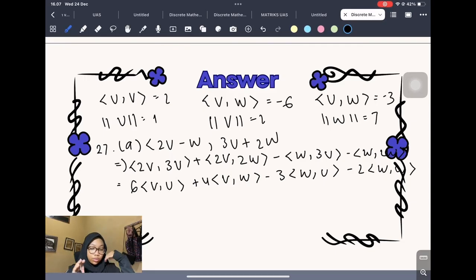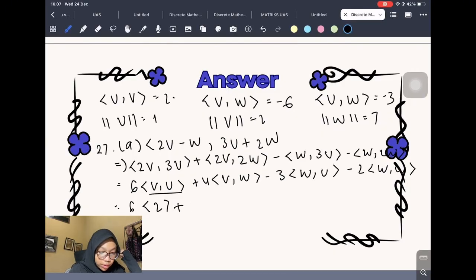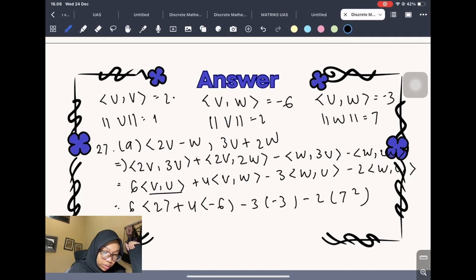Next, we substitute the values we already know. So we know that u and v is 2, so we write this. For v and w it's minus 6, and w and u is minus 3, and w and w is 7 squared.